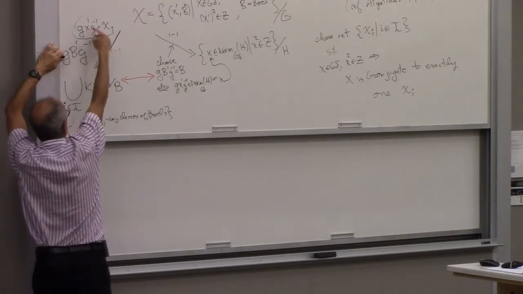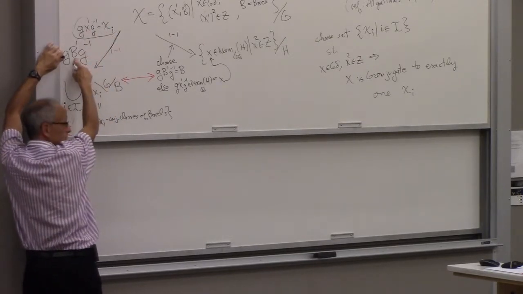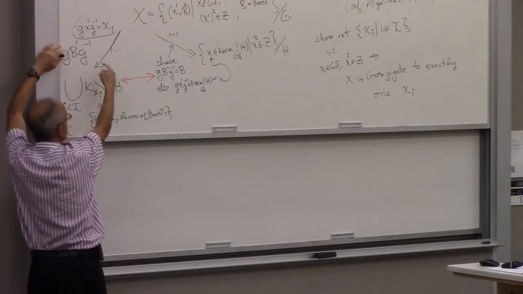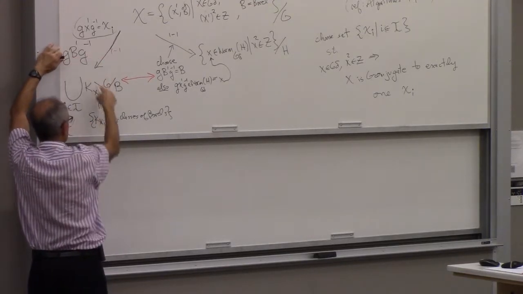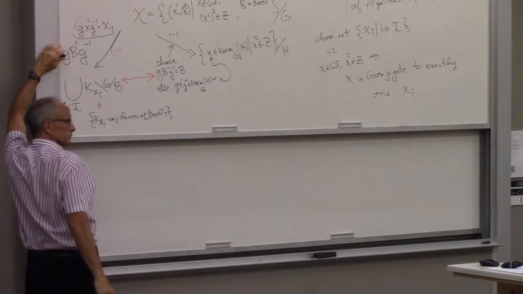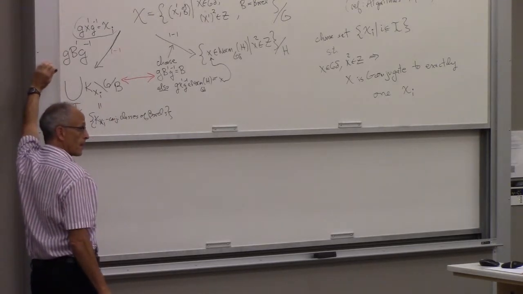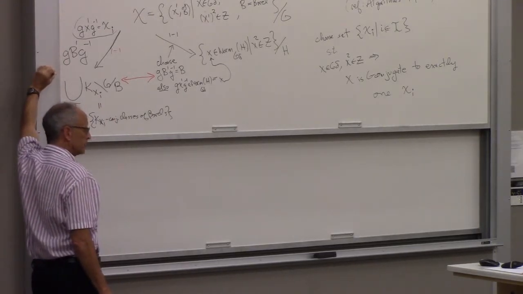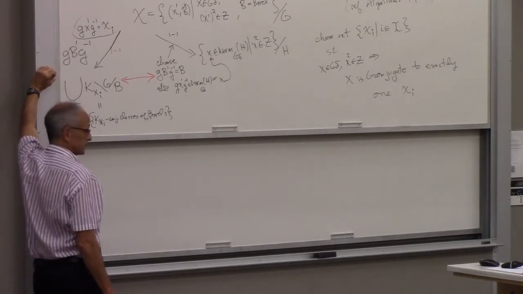The G which takes X prime to X_i takes my given B prime somewhere, and that's the Borel in this set. So for different i's, the B's will vary. Yes, absolutely.